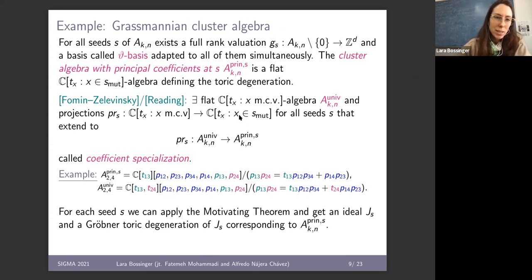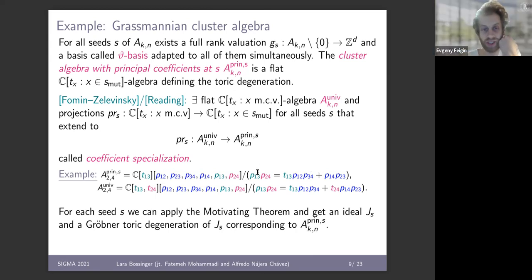So for simplicity, I will always restrict my attention to the mutable cluster variables, like in this example. I only have a t parameter for the Plücker coordinates that correspond to diagonals of the n-gon, because the others would not actually appear in the exchange relation.